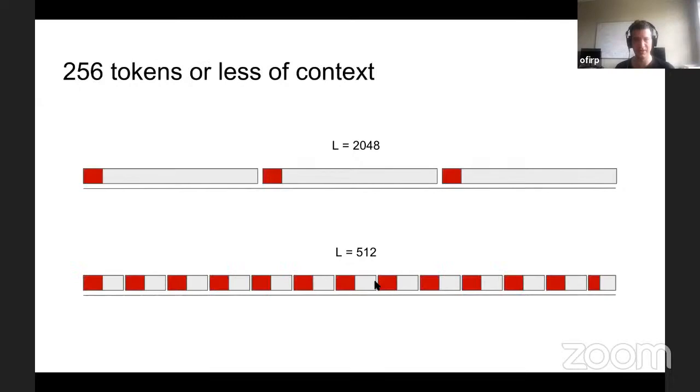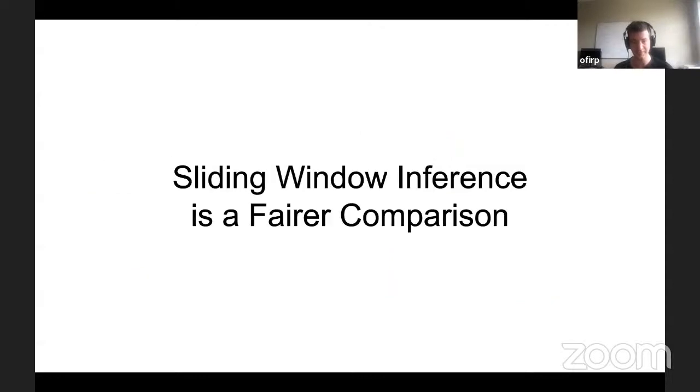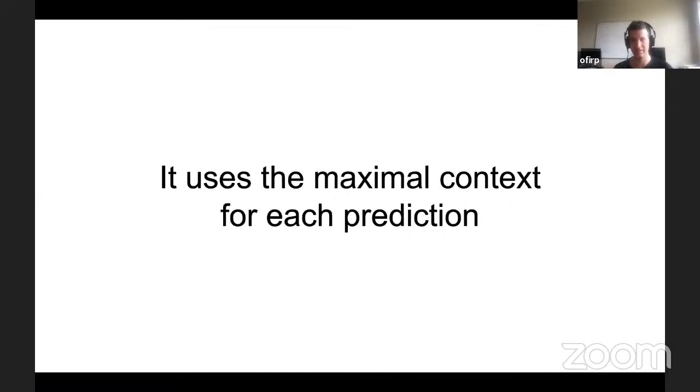So what I'm going to do here is I'm going to color in red every prediction that has 256 tokens or less of context when you make it. And so what we see here is that in the larger model, only 12% of predictions have less than 256 tokens of context. But in the smaller model, obviously, 50% of predictions are made with very little context. And so our argument here is that sliding window inference is a fair comparison between different models because it lets every model have as much context as possible for each prediction.